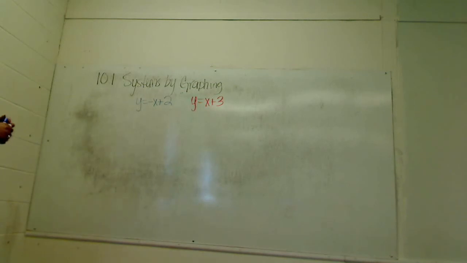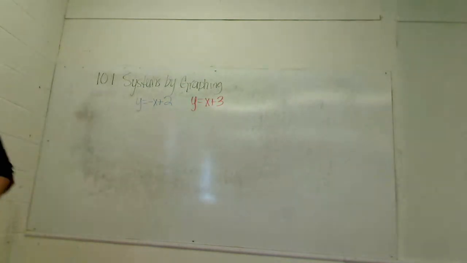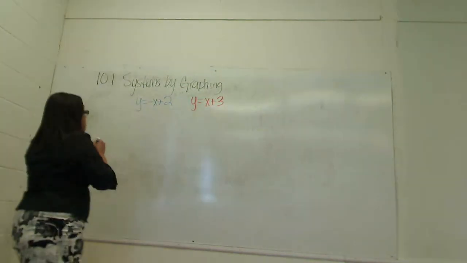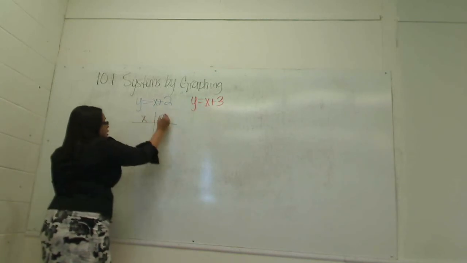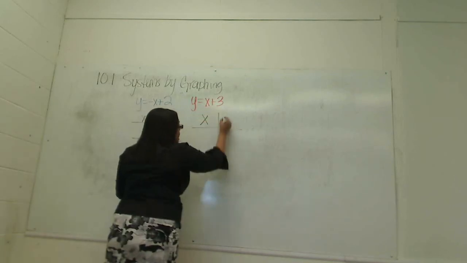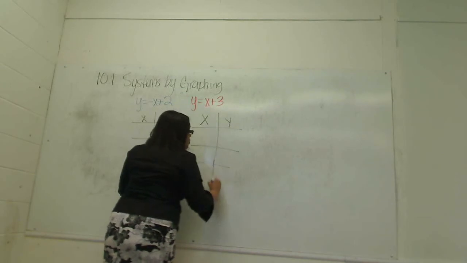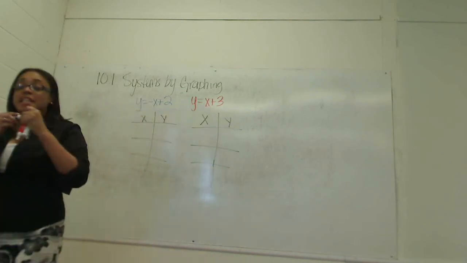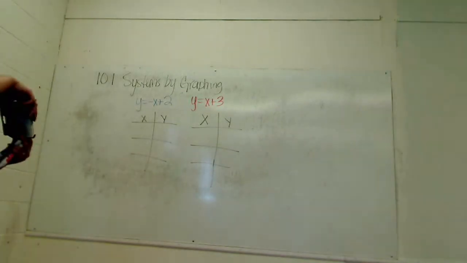But before you can graph them, you have to be able to do the points. So an XY table, I promise you, makes things a lot easier, especially when we get into more in-depth math.